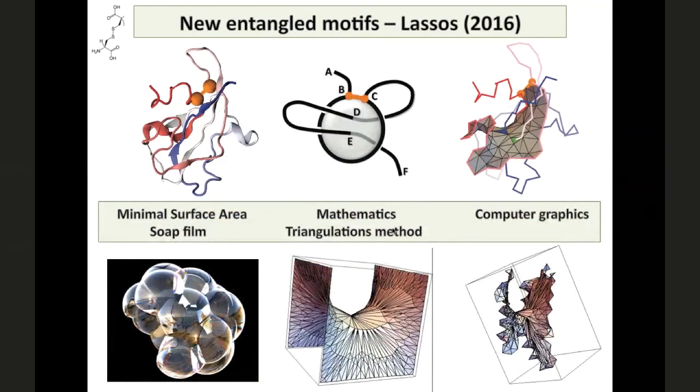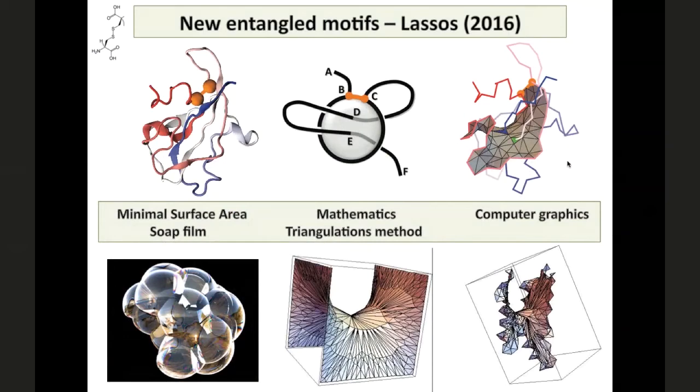So if we use this minimal surface area and the triangulation method and span this minimal surface on the protein backbone that is closed by the cysteine bridge, then we can see if at least one of the tails pierces the surface spanned on the protein backbone. And because we can also easily calculate the vector products, we know from which direction this tail will pierce the surface.